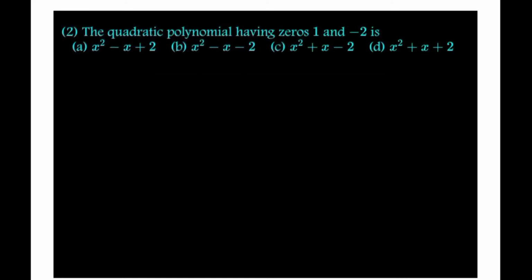The question is, the quadratic polynomial having zeros 1 and minus 2 is. So zeros are given to us and we have to form a quadratic polynomial. Suppose the zeros given to us are alpha and beta. Let me show you the formation of a quadratic polynomial.